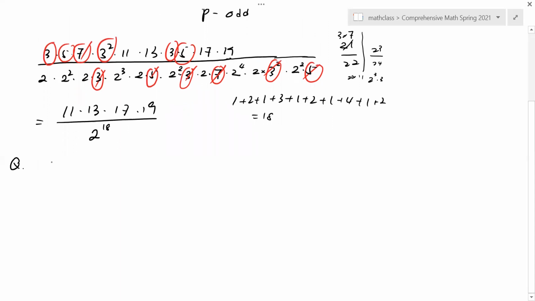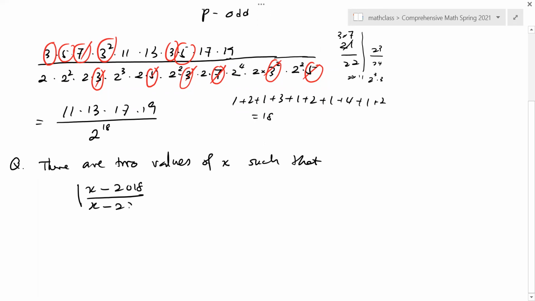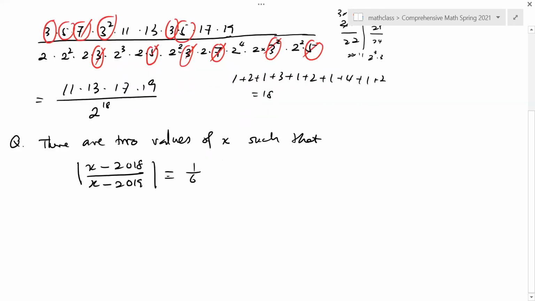Okay. So the next problem is that there are 2 values of x such that (x minus 2018) over (x minus 2019) is going to be 1 over 6.